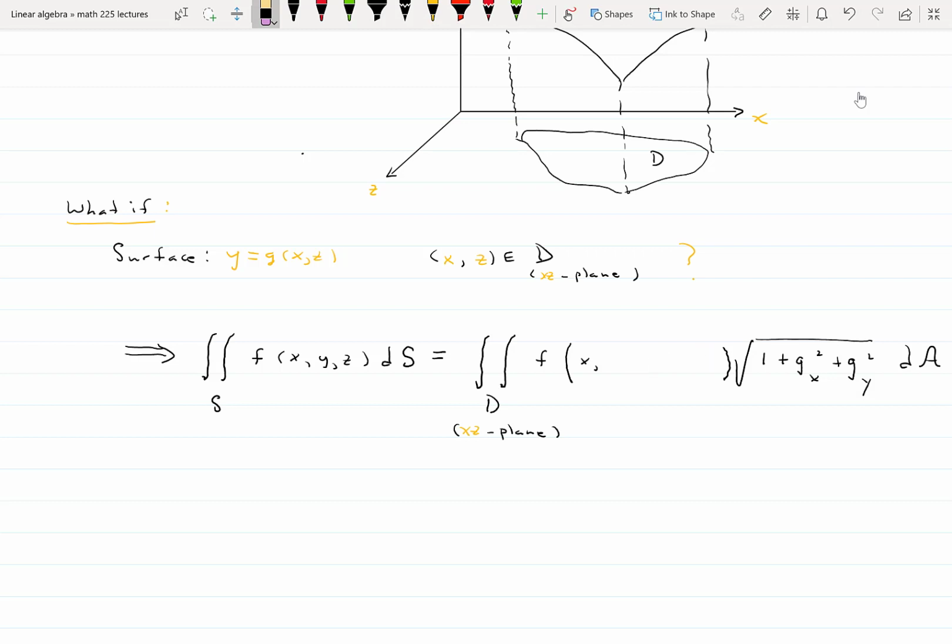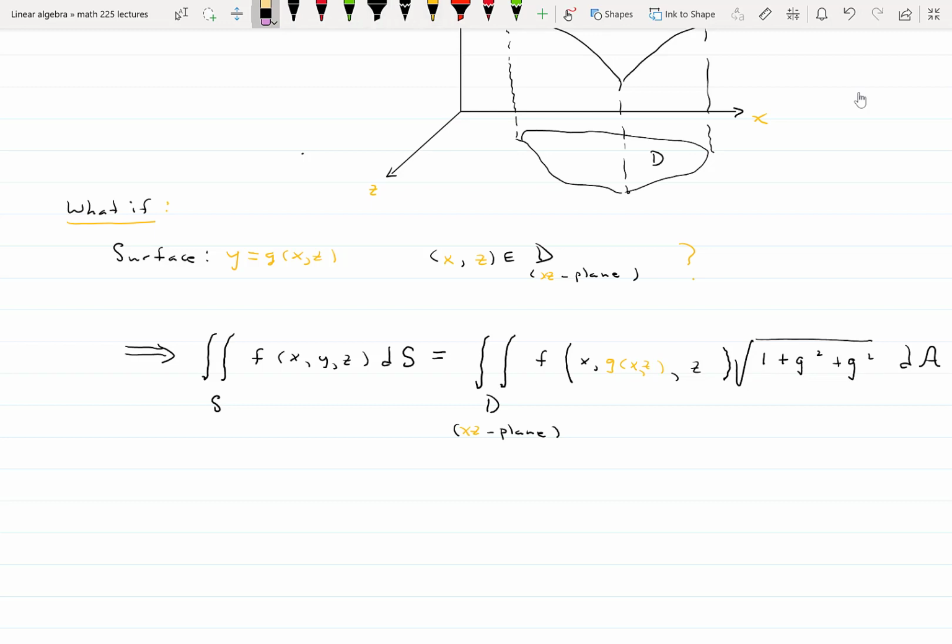So let's get rid of that y value, x, comma, g of x, z for y, leaving z alone. The dS is not the square root of 1 plus g sub x squared plus g sub y squared.